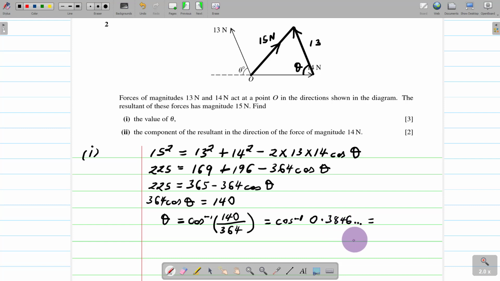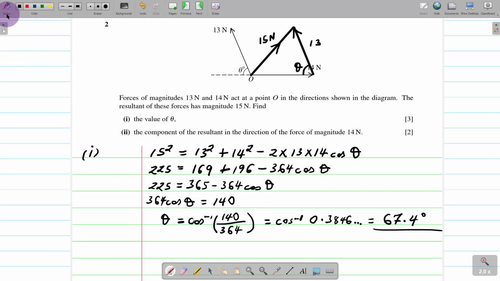I can just call it 67.4 degrees. And that is how you will get the angle theta.